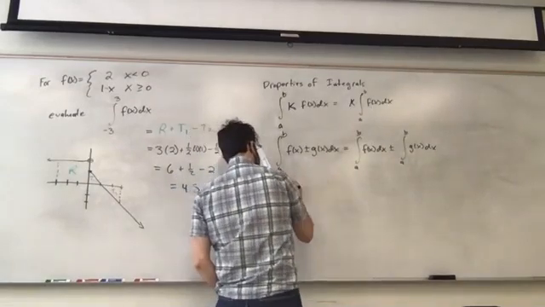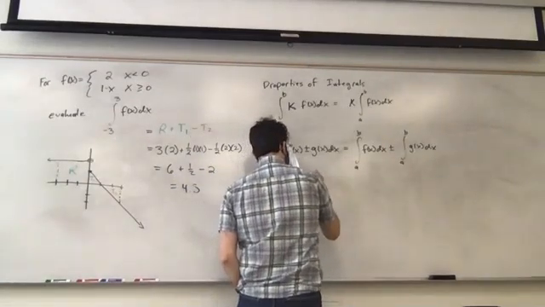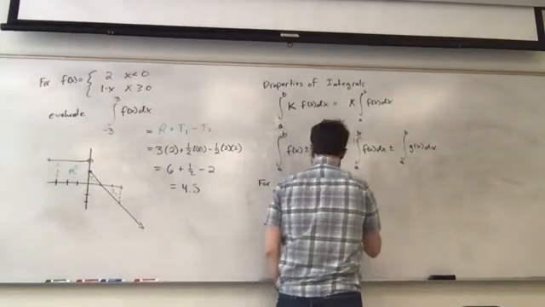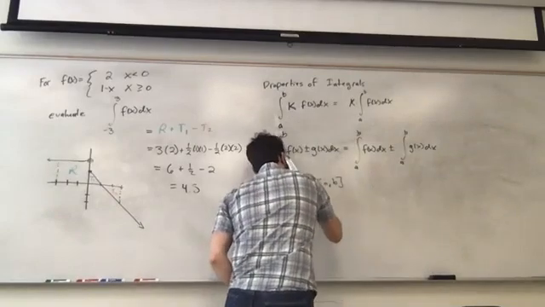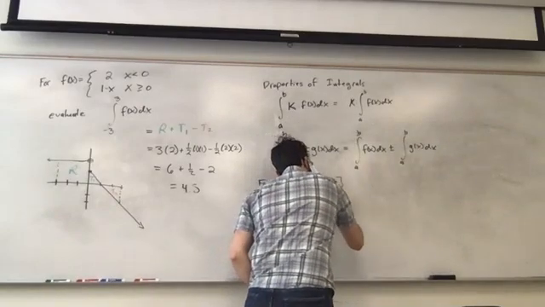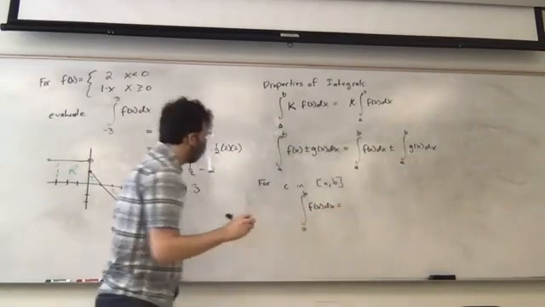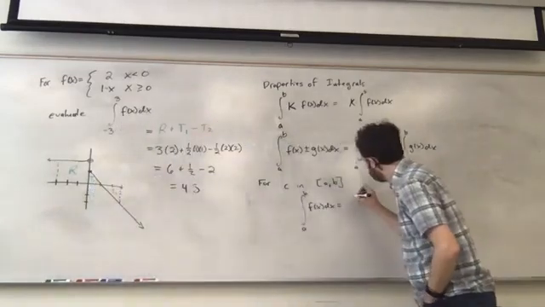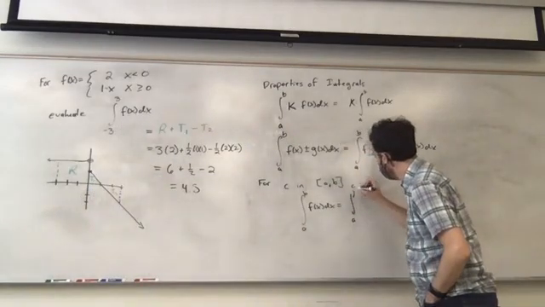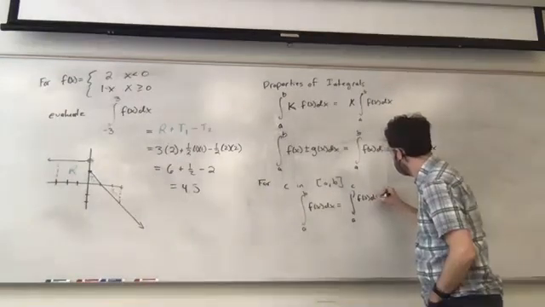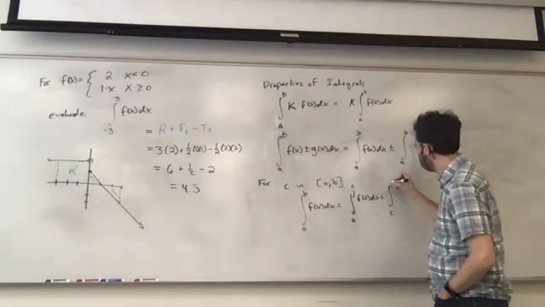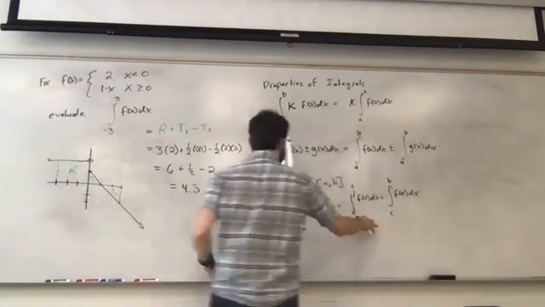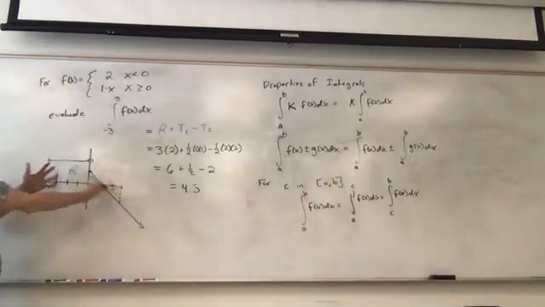And also, for a point C in the interval AB, the integral from A to B of your function is the same as taking this point C, which is somewhere in the middle, integrating from A up to C, and then adding on the integral from C up to B. This property is actually something that we used twice in this situation.